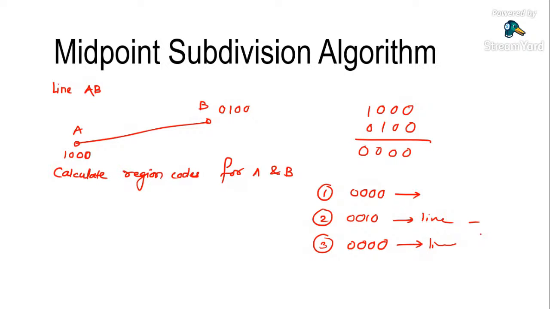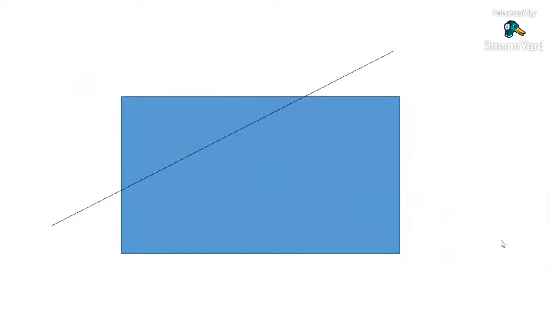So in the midpoint subdivision algorithm you have to follow a different concept than the Cohen-Sutherland algorithm. What is the concept? Suppose A and B is the line.